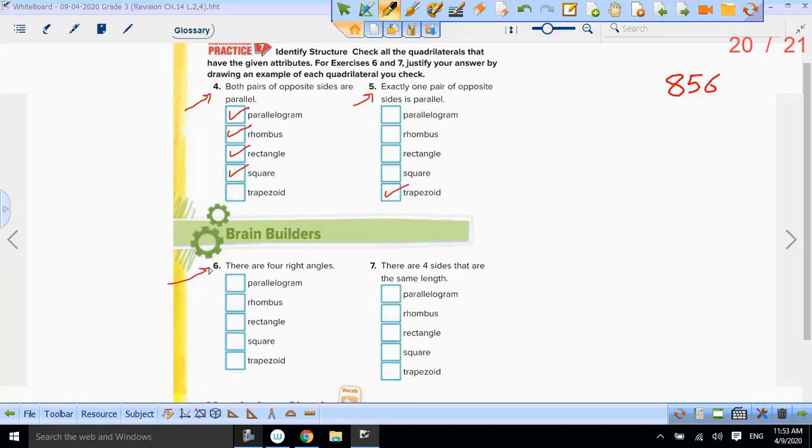Okay, question 6. There are four right angles. Parallelogram has four right angles? No. Rhombus has four right angles? No. Rectangle? Yes, rectangle. And we can draw the rectangle and see it.